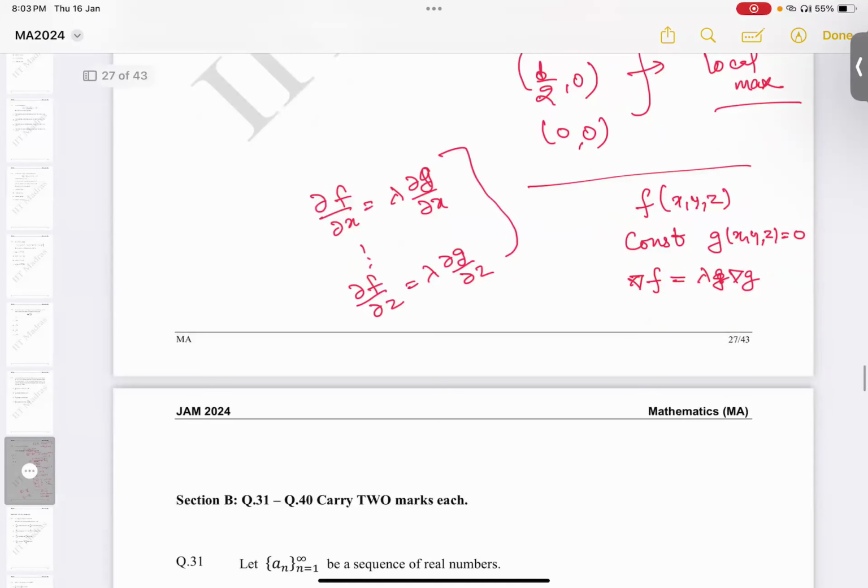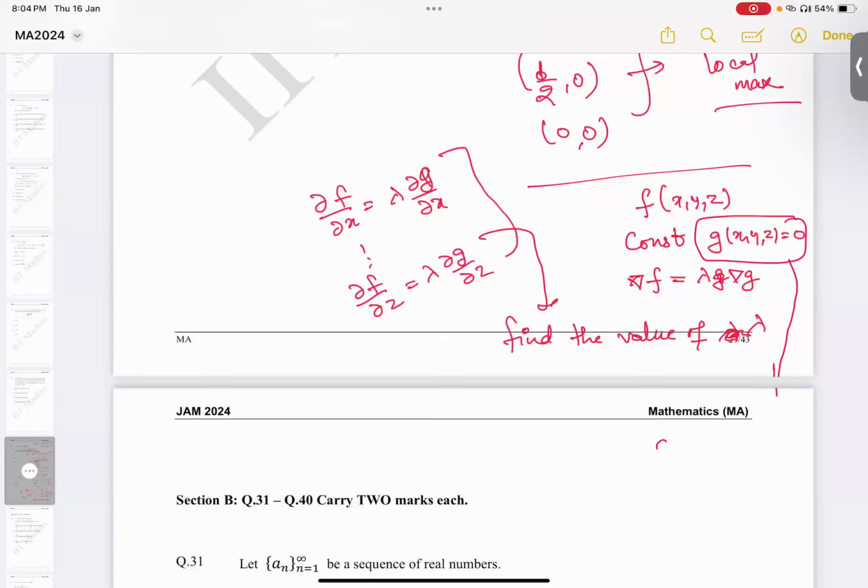And from these conditions, find the value of lambda. Of course you will get a value, maybe in terms of x, y, z. From this and the constraint, try to find the values of x, y and z, and then put these values in the function. You will get your answer. This is the Lagrange multiplier only, right?